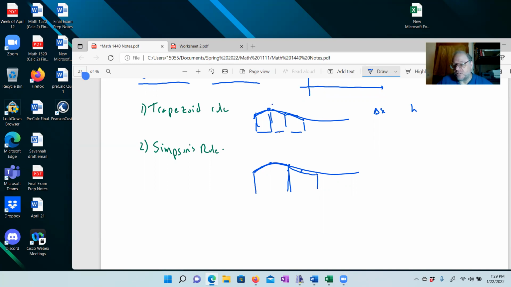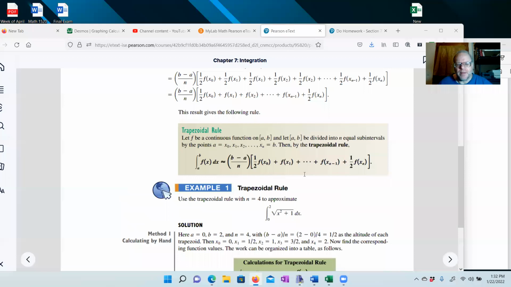For a parabola, it's a similar thing, but we need 3 points, and then we can approximate the parabola. Okay. So I'm going to pause this so I can pull up the book. I'll be right back.